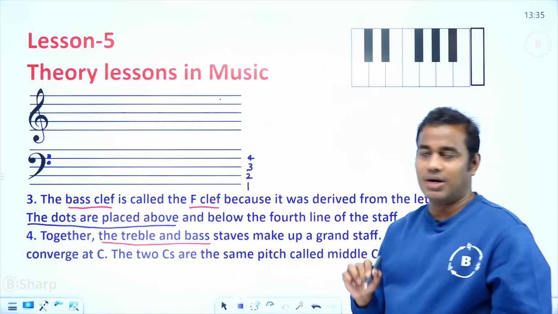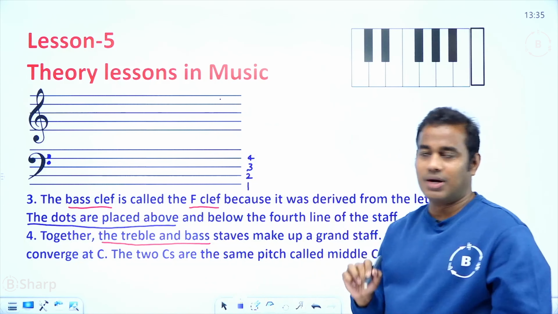Then one more thing is together: the G clef and F clef together.